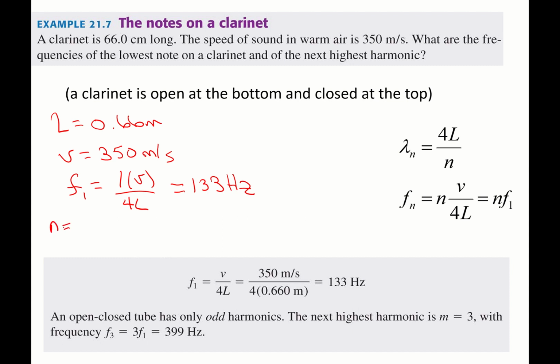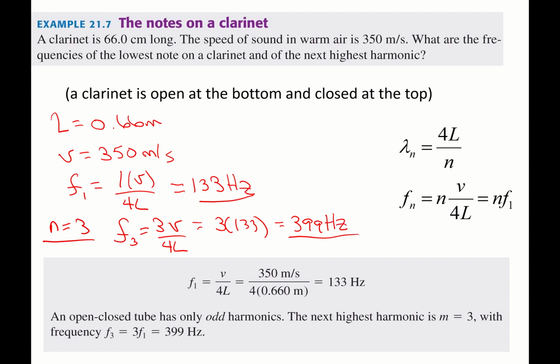So I need to have n equals 3. So f3 is going to be 3v over 4L, which is just going to be 3 times 133, or 399 hertz. So again, remember, once you've found the frequency of the lowest harmonic, you can find the frequency of any other one just by multiplying the frequency of the lowest one by n.